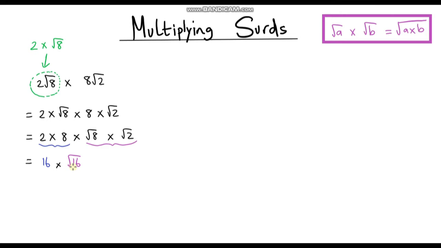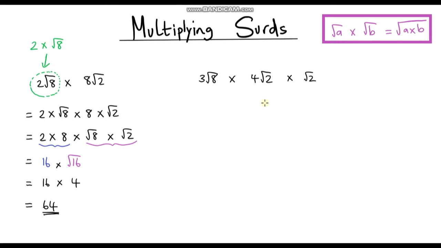And we know that the square root of 16 is 4, so this is exactly the same as 16 multiplied by 4. So we just need to finally evaluate what 16 times 4 is, and I believe that is 64. Yes, 16 times 2 is 32. We multiply that by 2 again, we do get 64. So from this expression that looks quite complicated to begin with, we get a nice answer of 64.